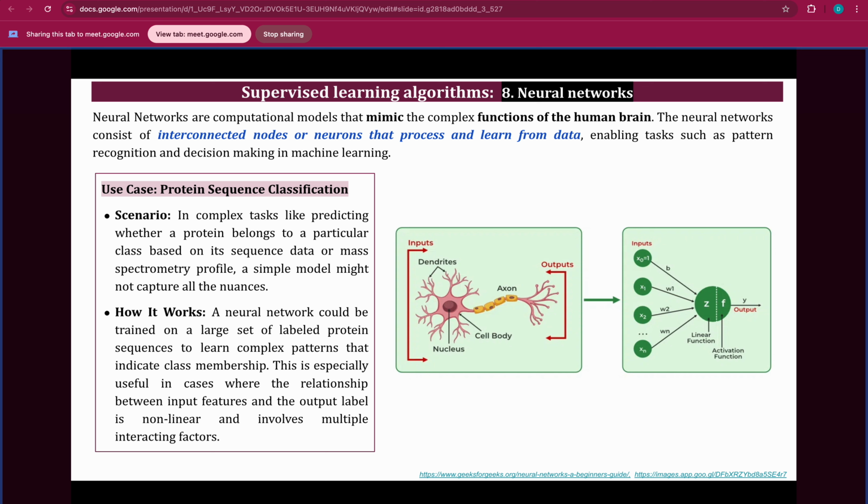Similarly in neural networks, the dendrites will be my inputs, meaning the signals which the dendrites capture. They will have certain values, my function will be the body of the neuron, and then there will be some output.